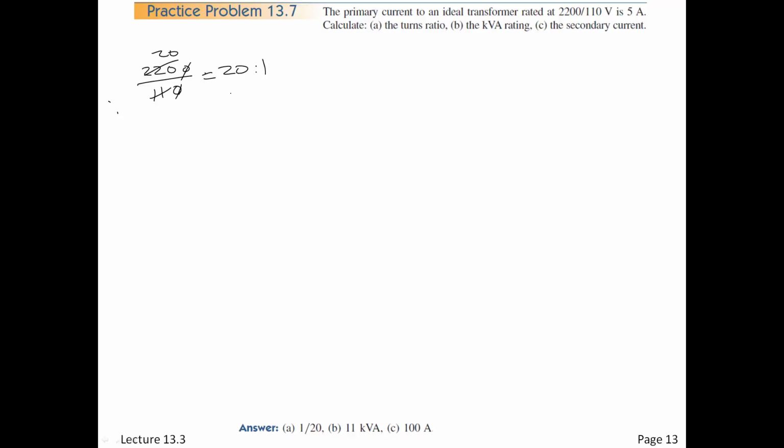And this looks like step down, right? So n might be 1/20th, right, or 0.05. All right, and then we want to know the kVA rating. Okay, so if it's rated at 5 amps at the output, all right, 5 amps at the output is, what have we got?